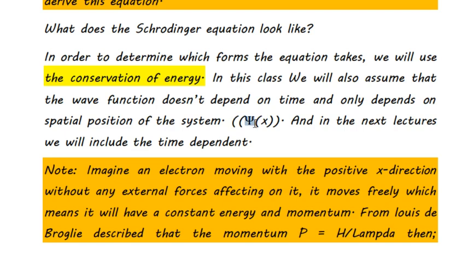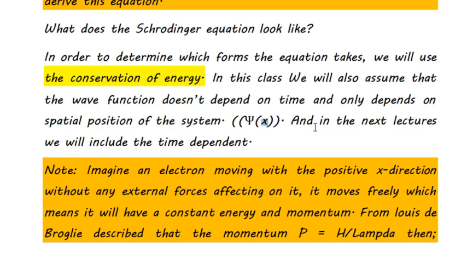So we are treating the wave function in its x value. It may have other dependent variables such as time, but in this class we only discuss one dependent factor, which is the position. That means the particle is moving in the x direction.